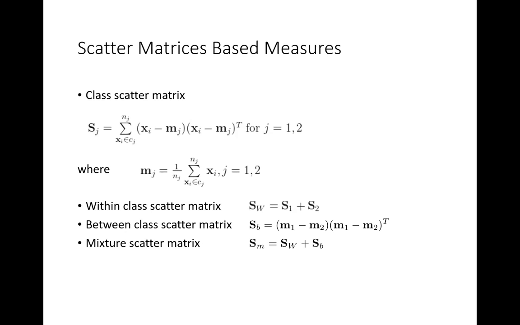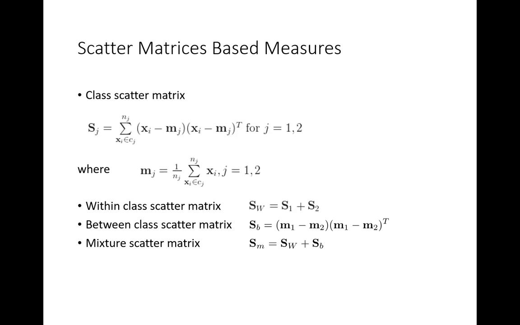One can also define between class scatter matrix, SB, which is basically a measure of how far the two mean vectors are from each other. And one can also define what we call a mixture scatter matrix, SM, which is the sum of SW and SB.